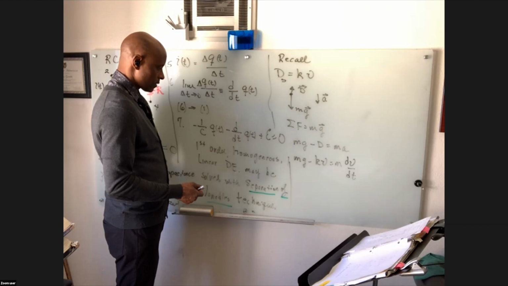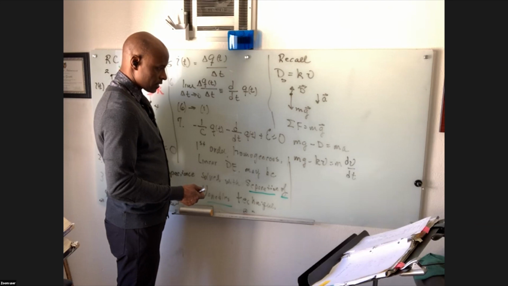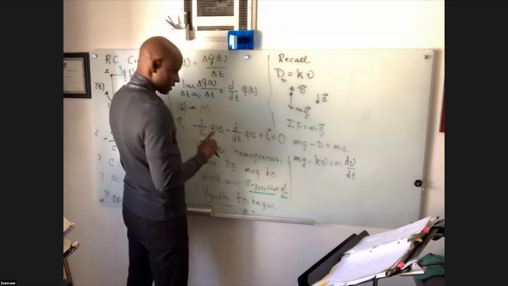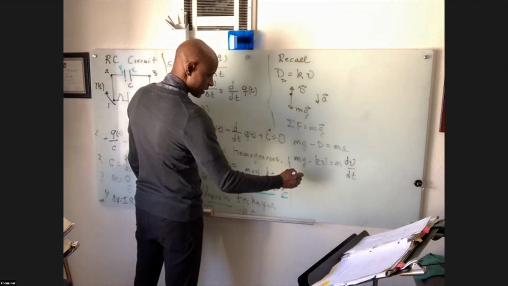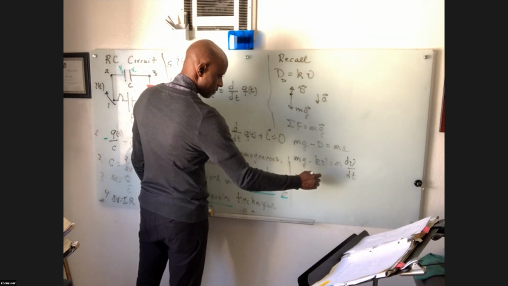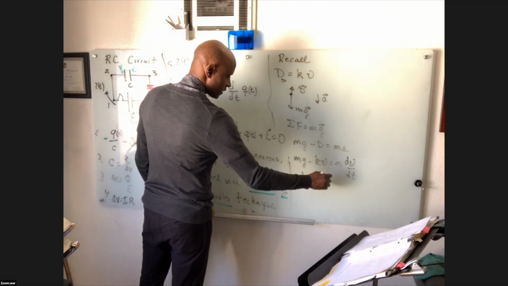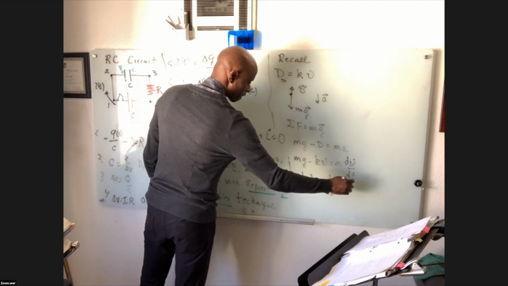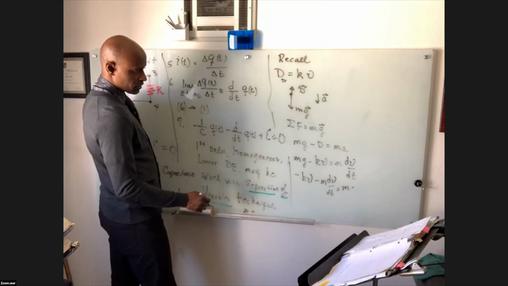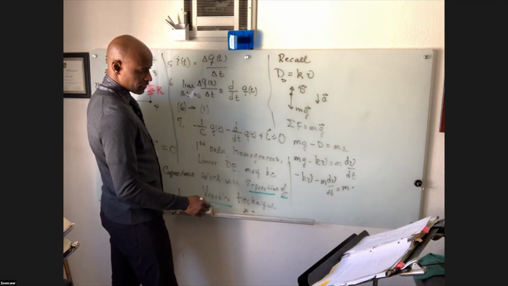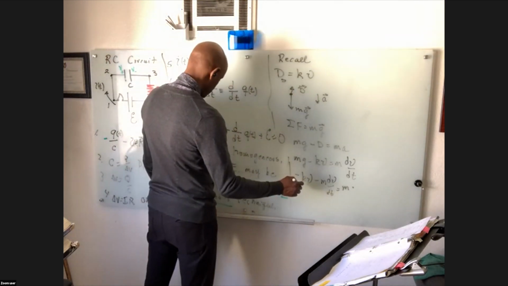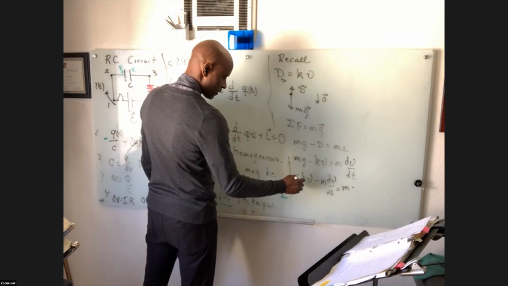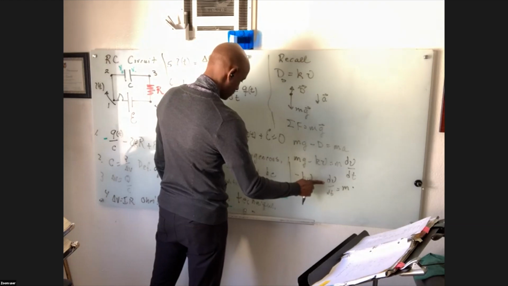I could shift that around a little bit to get it in these same terms: mg minus kv minus m dv/dt equals zero. Actually, I could divide by m, and this m would cancel.